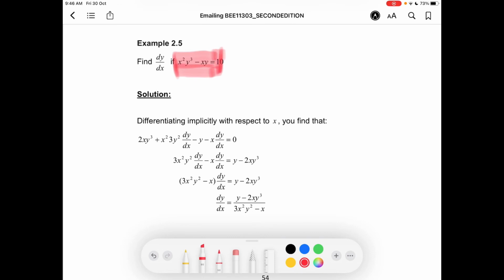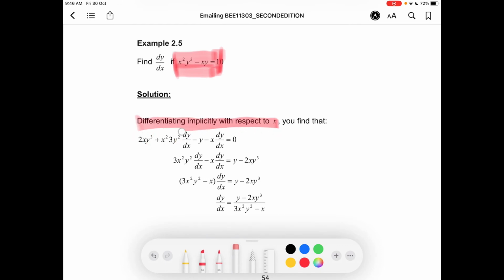If you see this type of function, you know that you need to apply implicit differentiation. So the solution is that we differentiate implicitly with respect to x.